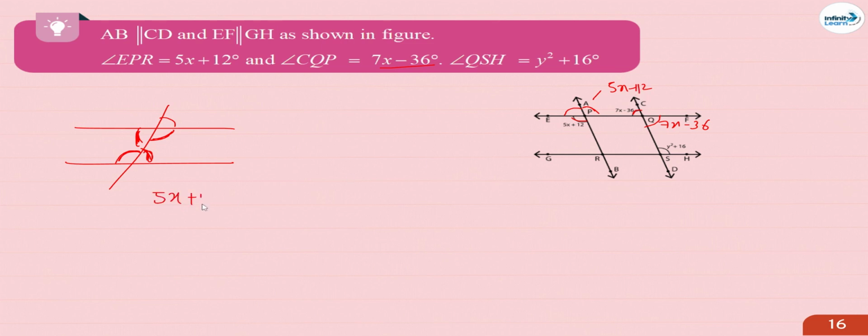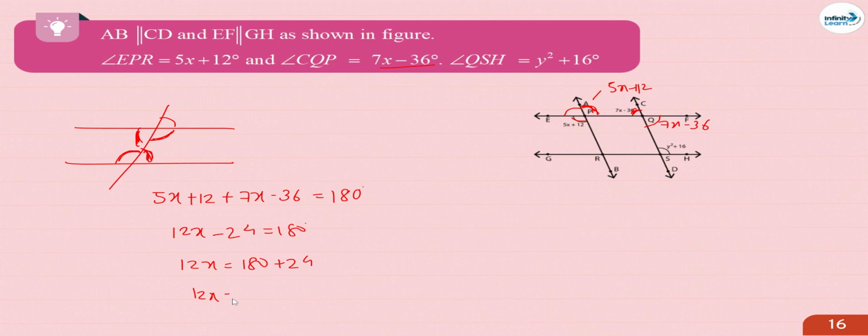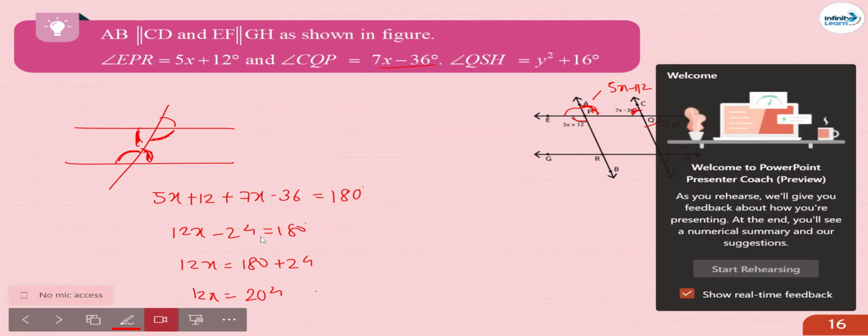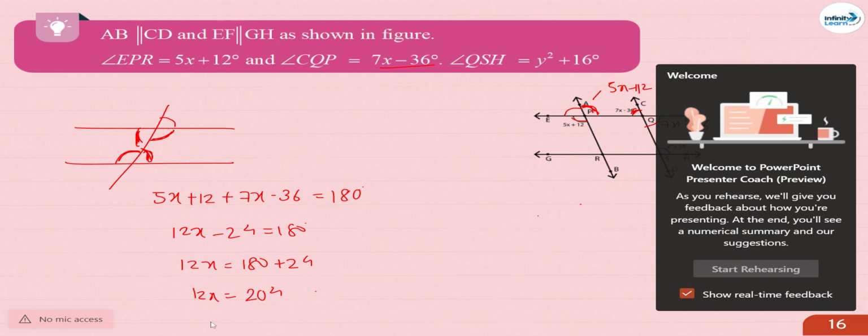So I can say that 5x plus 12 plus 7x minus 36 is 180 degrees. These two angles, this one and this one. So how many x? 12x minus 24 is equal to 180 degrees. 12x equals 180 plus 24, which is 204. 204 divided by 12. The answer is 17.